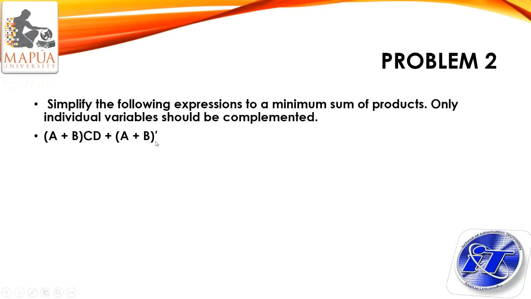Actually, the second term is part of the first term, but in a negated version. So a plus b not is basically a plus b. So therefore, we could implement theorem number 5 so that we could remove a plus b on our first term. So now we have cd plus not of a plus b.